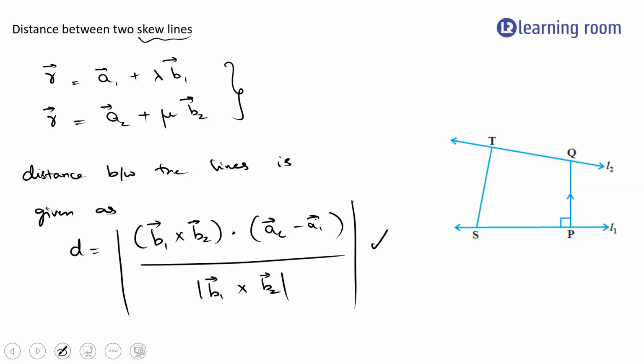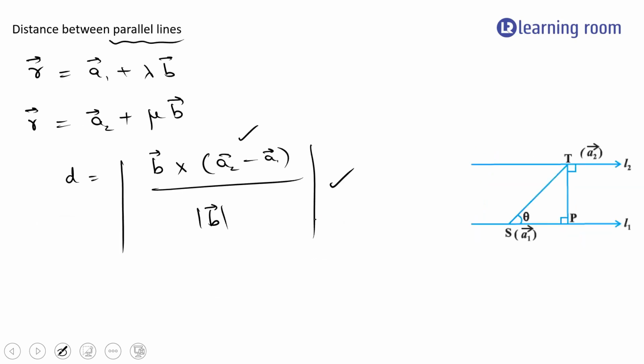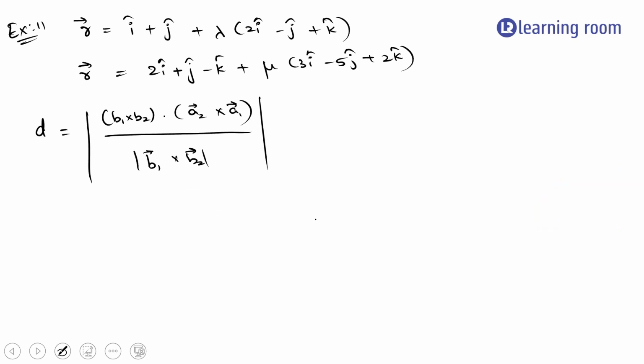It is A2 minus A1. So what is the answer you are getting? Sir, 10 upon root 59. 10 by root 59, sir. Right. So 10 by root 59.